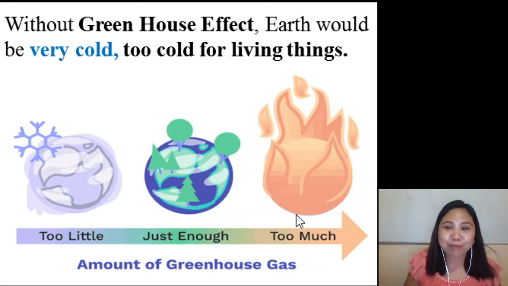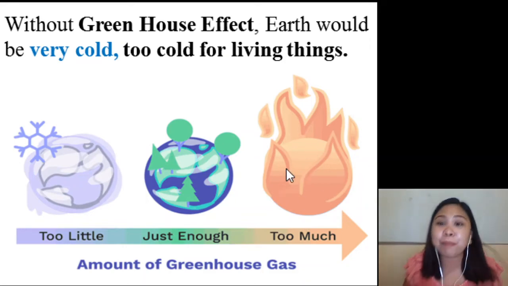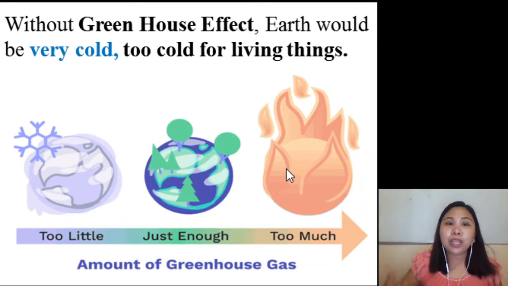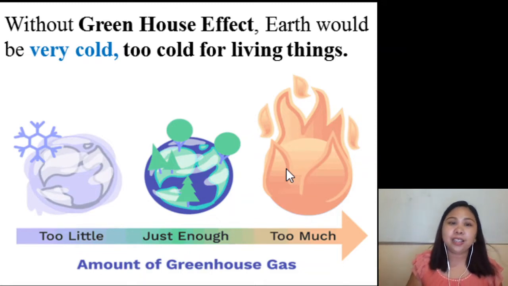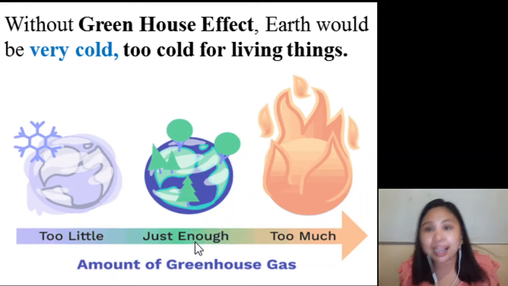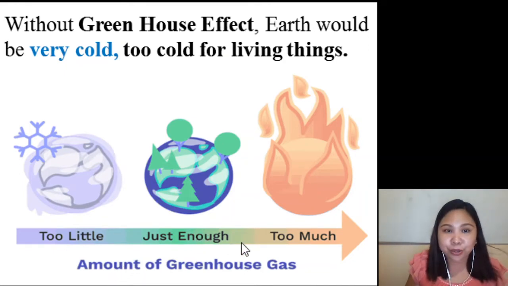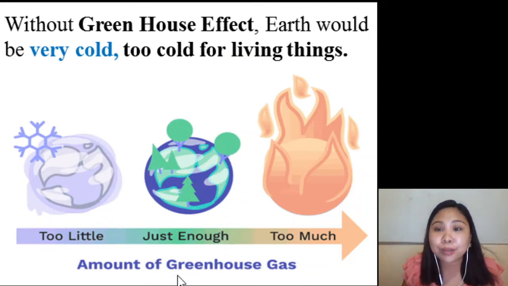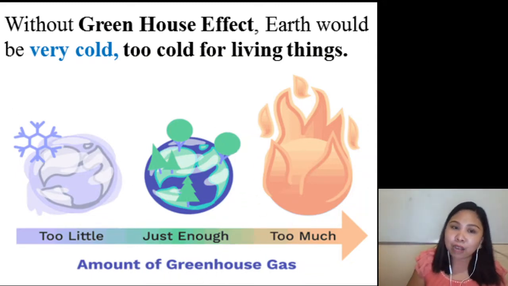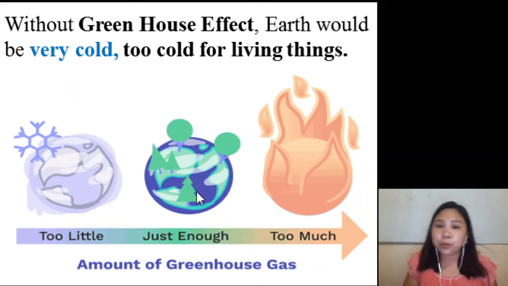Hindi tayo dapat pumunta dito sa too much kasi kapag too much na, class, it will lead to higher temperature. Ayan. So, the higher the amount of greenhouse gases, the higher the temperature. So, dapat dito lang tayo just enough for living things to survive. Okay? Hindi pwedeng kakaunti, hindi pwedeng sobra. So, we need just enough greenhouse gases.